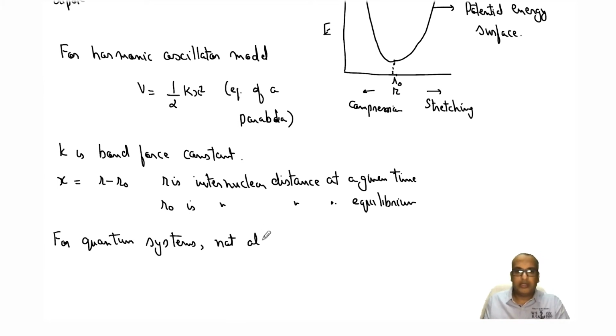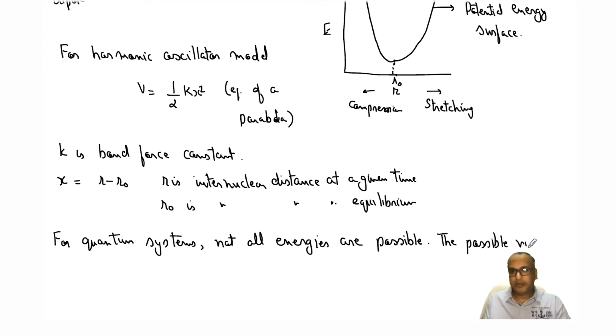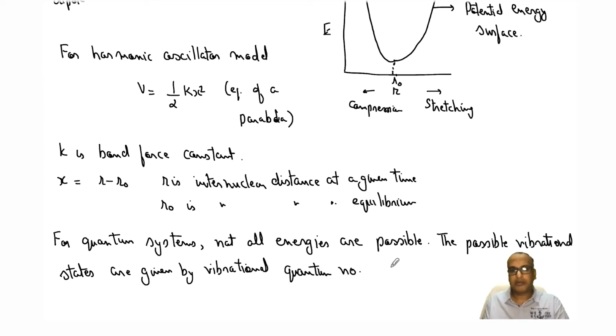So now for quantum systems, not all vibrational energies are possible. And the only possible vibrational states are given by vibrational quantum number, v.